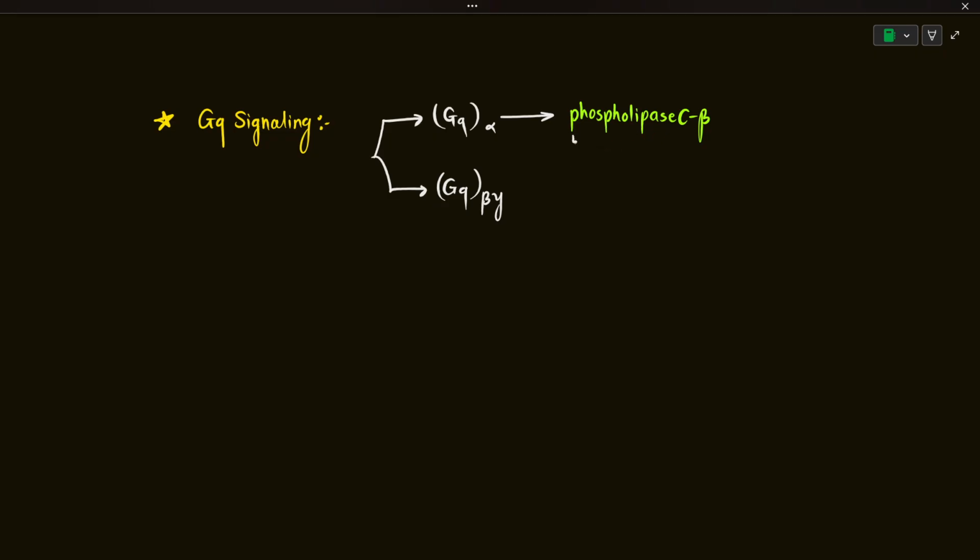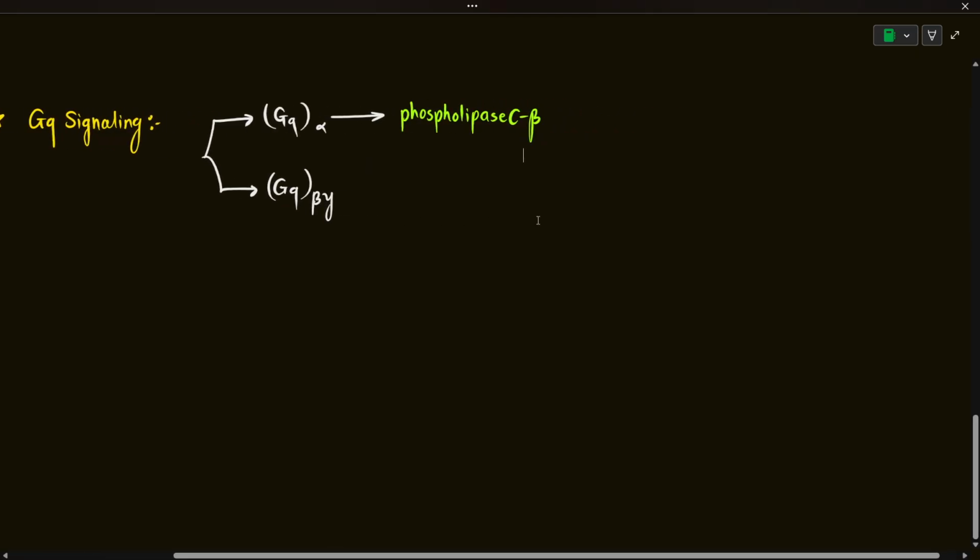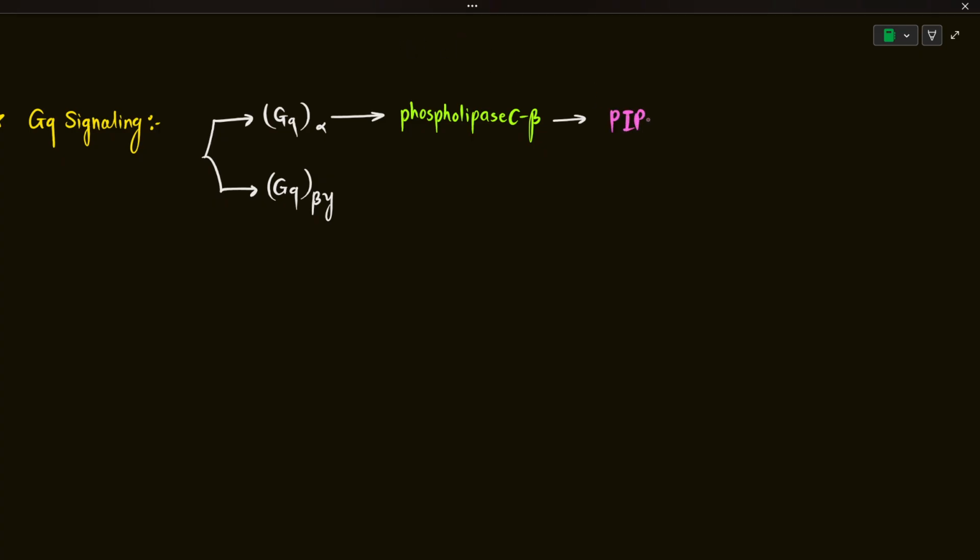It is going to break down a phospholipid because it is a phospholipase, right? The phospholipid that it breaks down is the phosphorylated phosphatidylinositol, and I have mentioned this in previous lectures as well. The working of phospholipase C beta is very important in some downstream signaling pathways. So it breaks down a molecule known as PIP2.